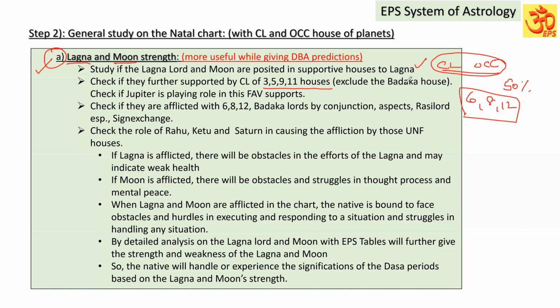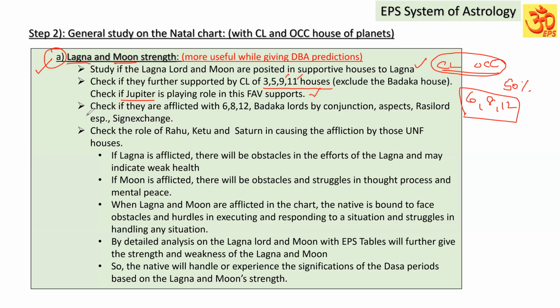Exclude the Badhaka house depending on whether the Lagna is Chara, Sthira or Ubhaya; based on that, the 11th house and 9th house may come under unfavorable, right? So check if the Lagna or Moon are supported by the favorable planets, the 3rd Lord, 5th Lord, 9th Lord or 11th Lord, by Rasi Lord, or a conjoined or aspecting planet. If Jupiter is one of the rulers giving its support to the Lagna and Moon, that is going to be more favorable.